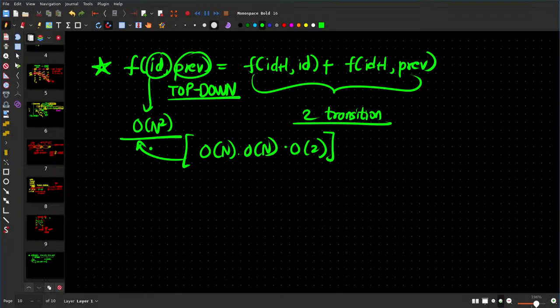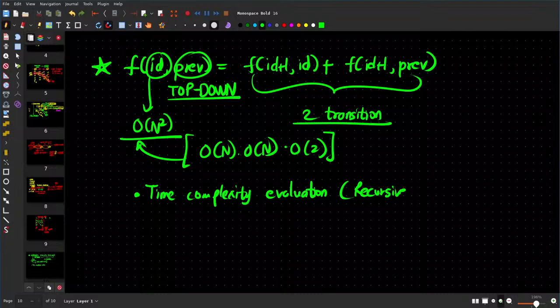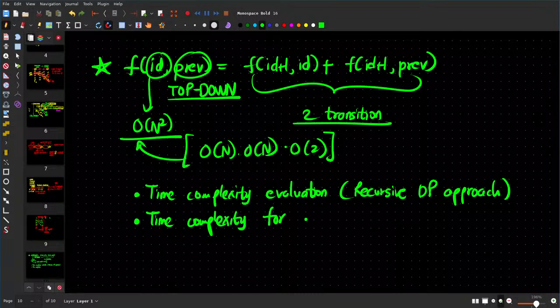First, I will implement this, we will submit it, then I will move on to the next thing, which is time complexity evaluation of recursive functions, the recursive DP approach, and I will also go over time complexity for non-memoized recursive DP solutions.